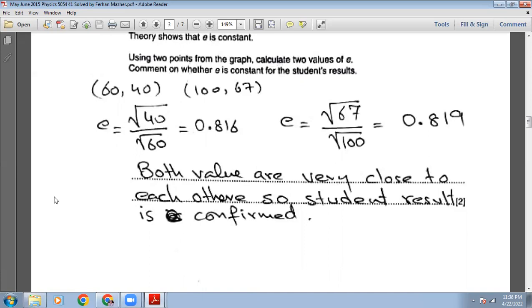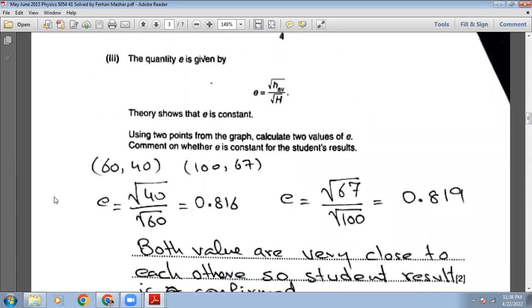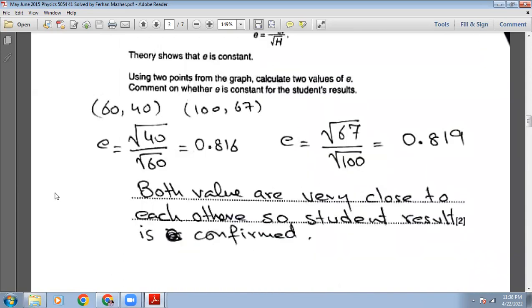For each point, I will find out the value of E. He has given us the formula for E: h average divided by H, with a square root on both of them. So under root 40 divided by under root 60 is 0.816, and E for the second point will be under root 67 divided by under root 100, which gives 0.81.